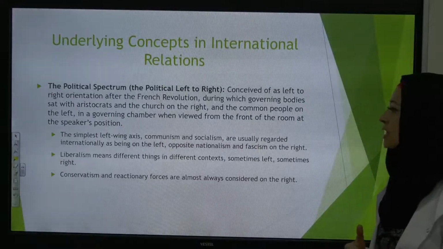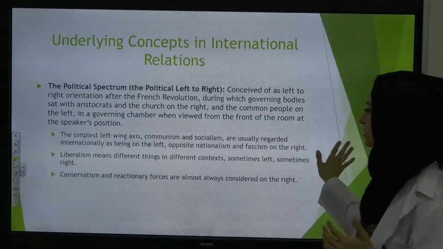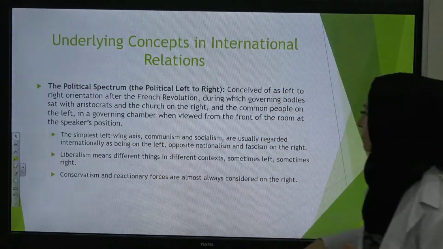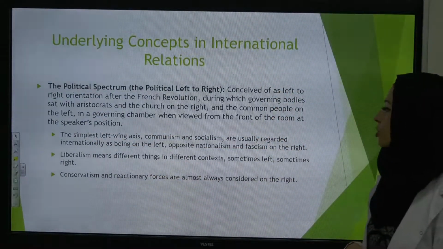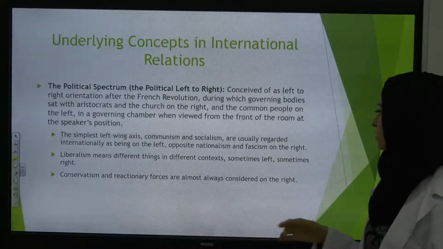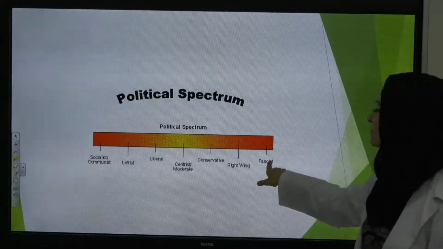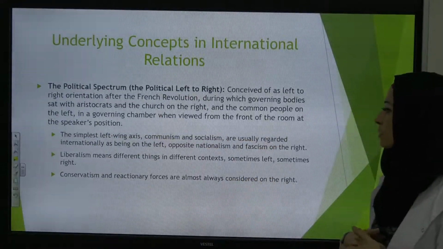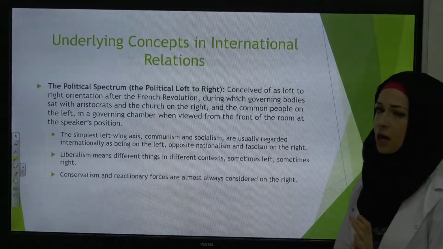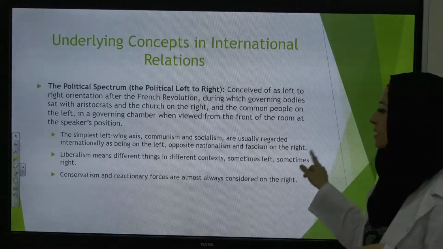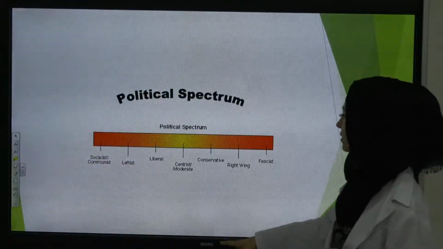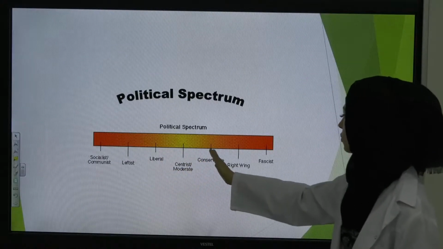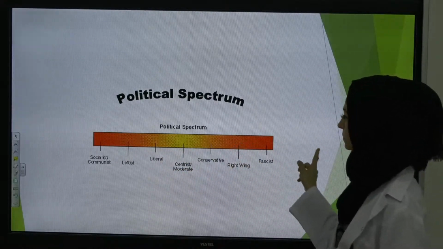Now, the simplest left-wing axis, the left, is communism and socialism, like we were talking about. And they are usually regarded internationally as being on the left, whereas on the right, we have nationalism and fascism, okay? Liberalism means different things in different contexts, sometimes left, sometimes right. So you'll see on the chart that liberalism can be here on the left, and it can also move towards the right.